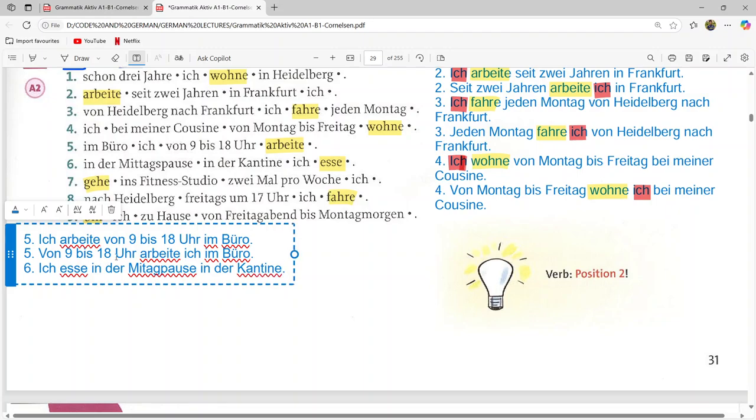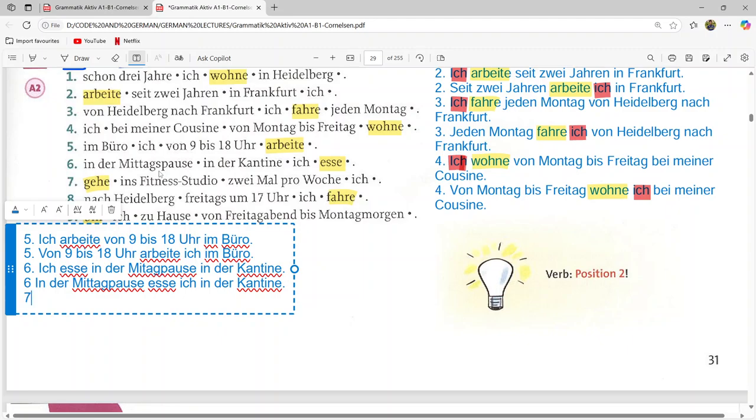Okay, so Mittagpause is the time information, so we can start with this. So in der Mittagpause esse ich in der Canteen. Next one.